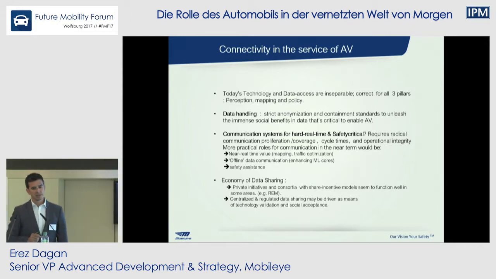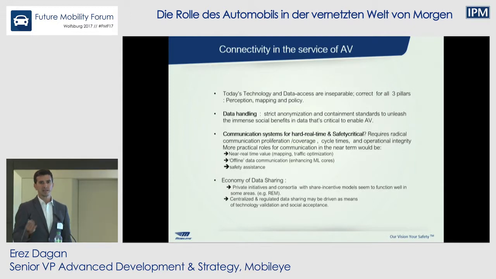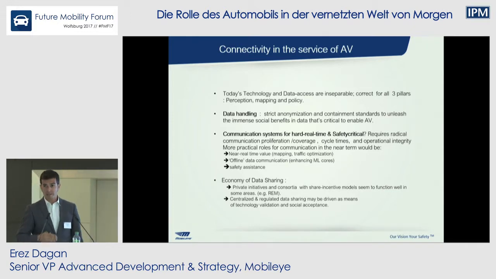Important question: communication systems. When we talk about hard real-time or safety-critical elements in autonomous driving, there are very, very strict models. I'm not sure if the forum is familiar with formal integrity models of sensors and systems to assure autonomous driving. The way for communication systems to reach these high integrity levels, that's what they're called, ASIL levels, is still long.